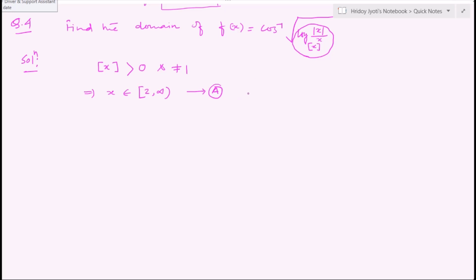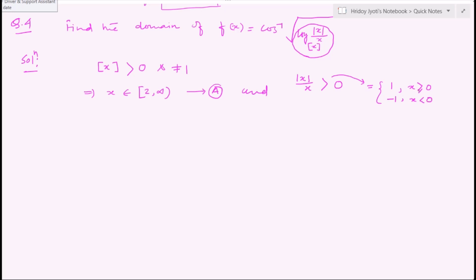And along with this, we must get modulus of x by x to be greater than 0. This one is nothing but the signum function, part of the signum function, not exactly the signum function. This one will give us two values: 1 if x is greater than or equal to 0, minus 1 if x is less than 0.